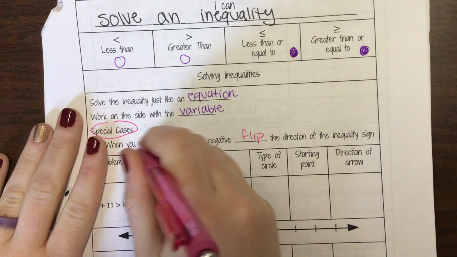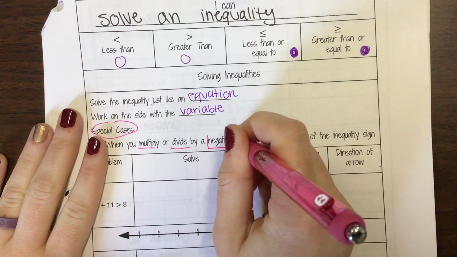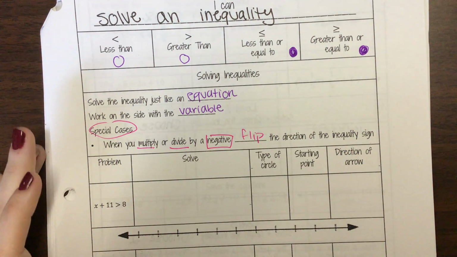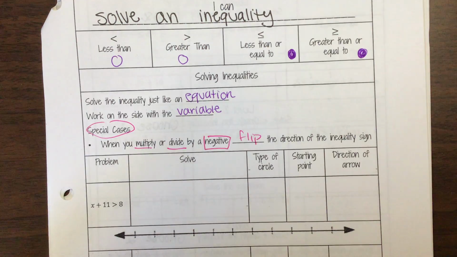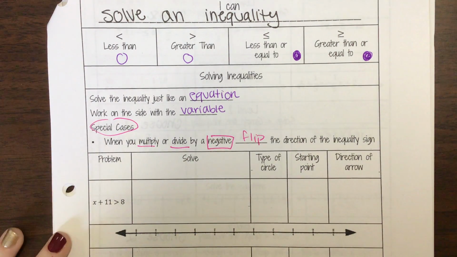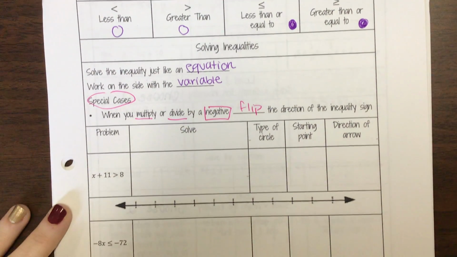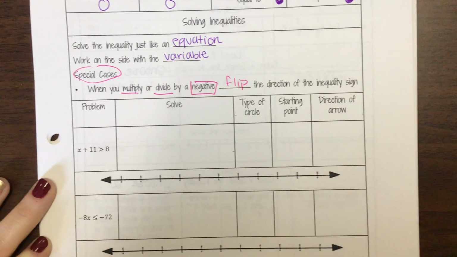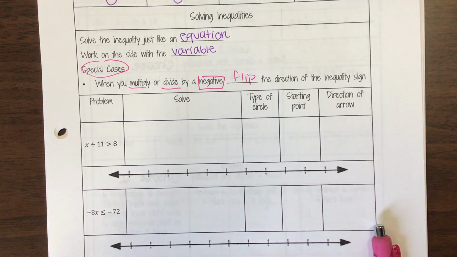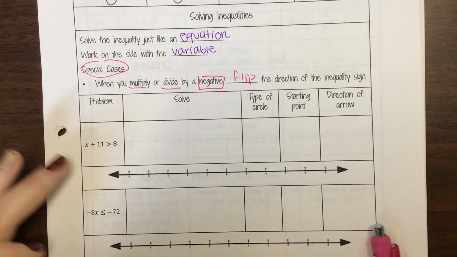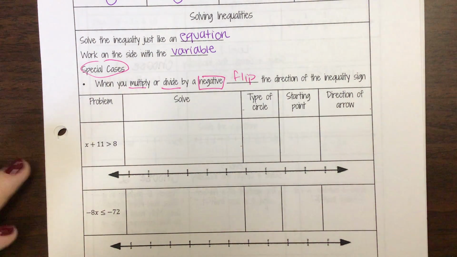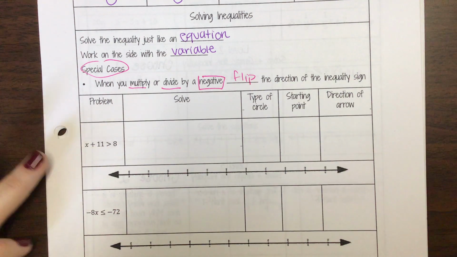That's only when you multiply or divide by a negative, okay? I can show you kind of why that is when we get to it. So, solving an inequality, we start by solving it just like an equation.